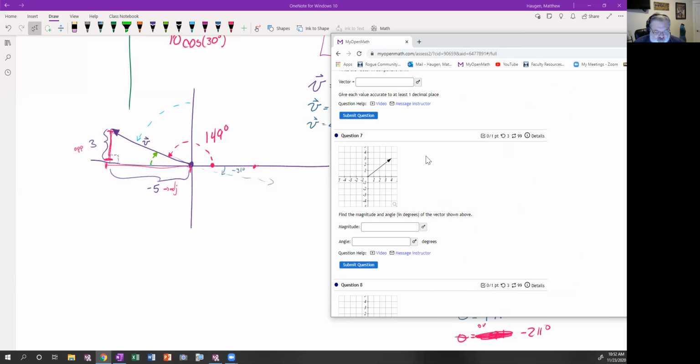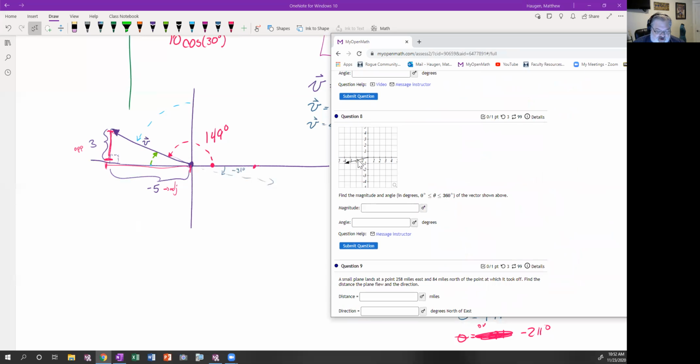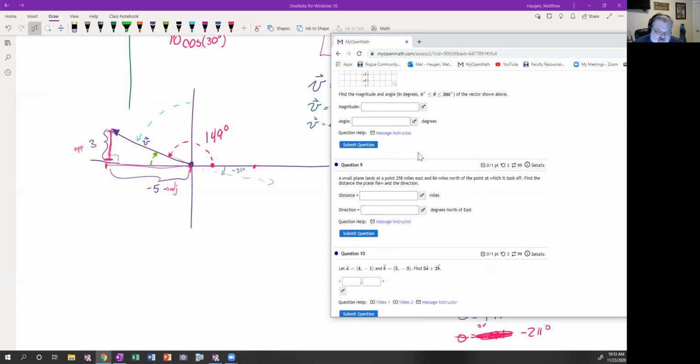Tan inverse loves quadrant 1. But down here, you're going into quadrant 3. Tan inverse doesn't know about quadrant 3. You're going to get a quadrant 1 angle and need to add 180 to it. Fair? So it's certainly going to do that to you.